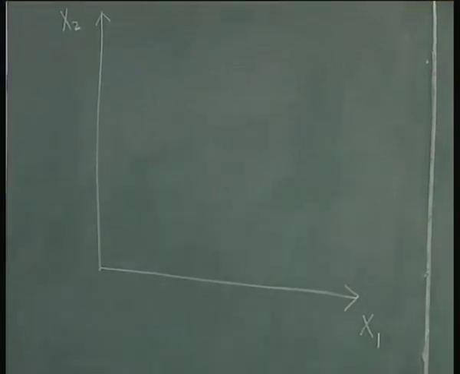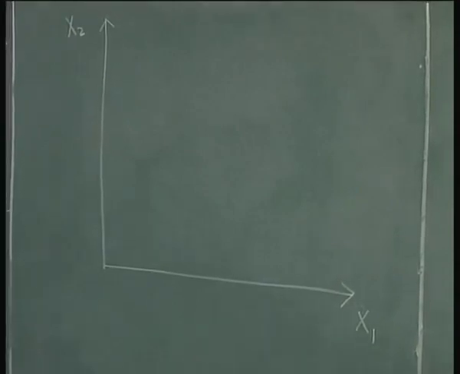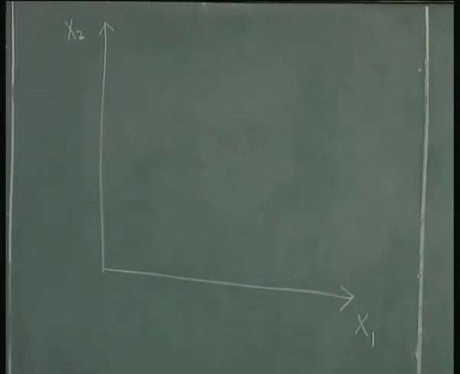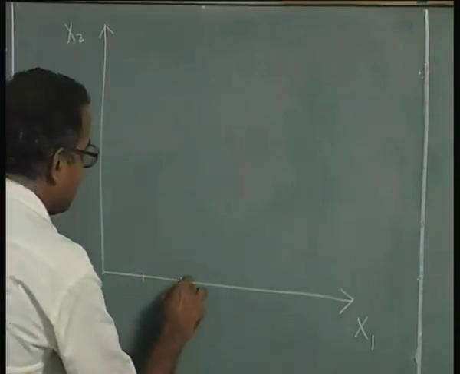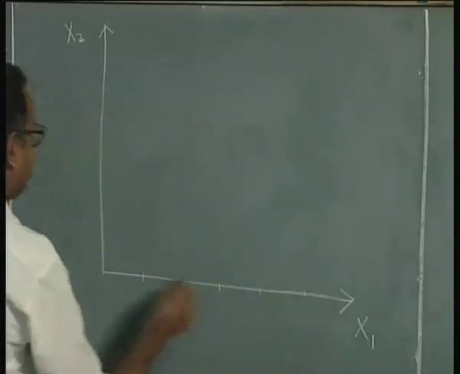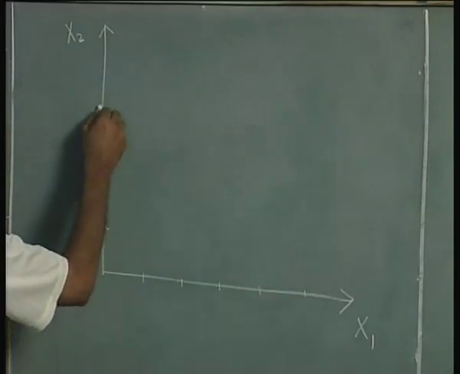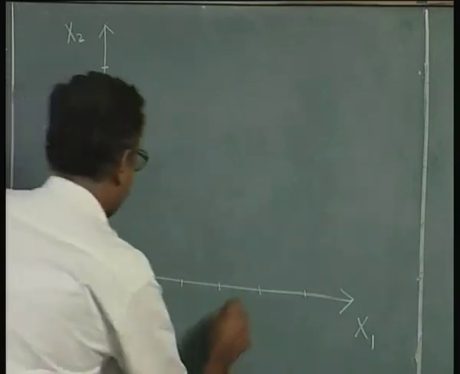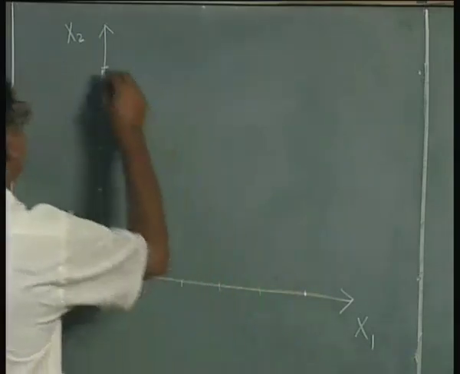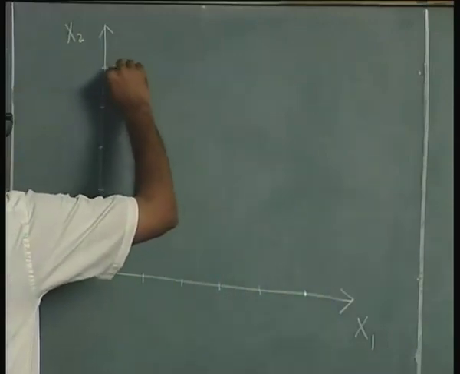So, we first try to represent x1 plus x2 less than or equal to 5 in the form of a graph. So, we first draw x1 plus x2 equal to 5. So, we try to identify 2 points that are on the line x1 plus x2 equal to 5. So, the 2 easy points would be 5 comma 0 and 0 comma 5.